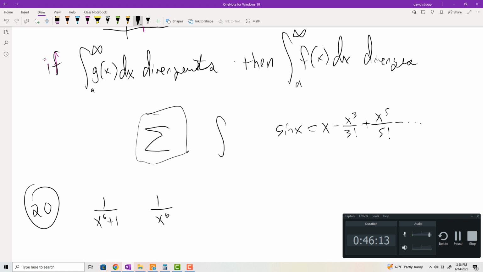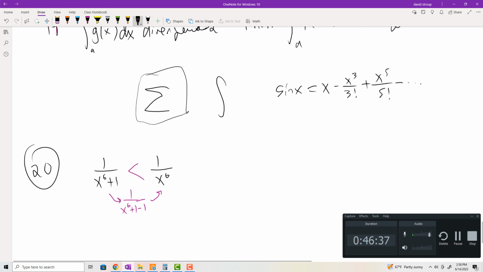Well, going from here to here, I decreased the denominator, therefore I've increased the overall expression. So the guy on the right should be greater than the guy on the left.